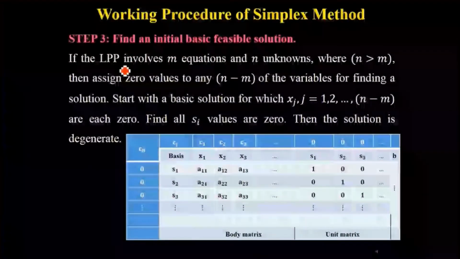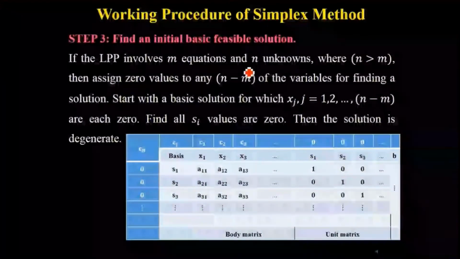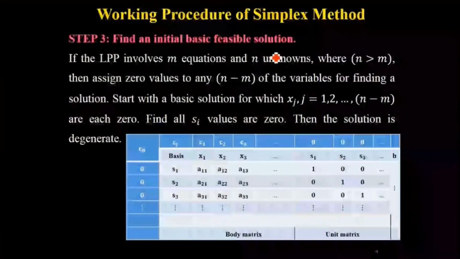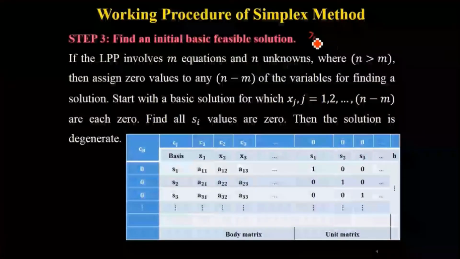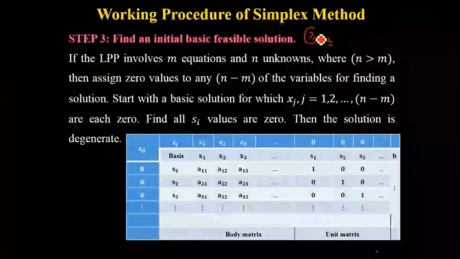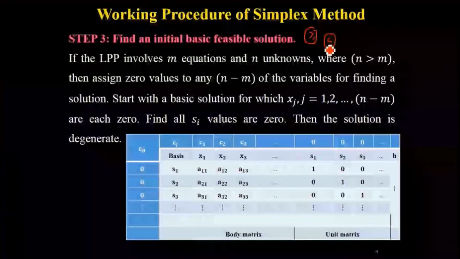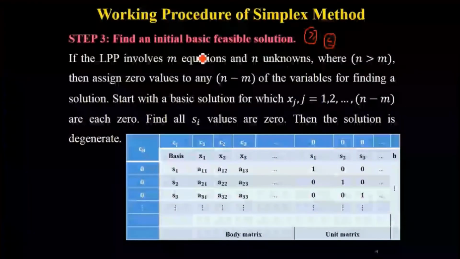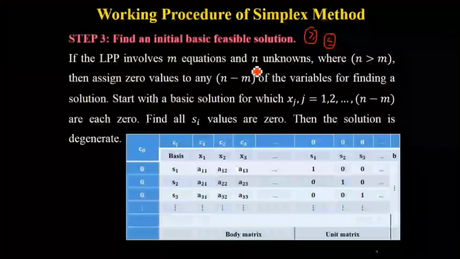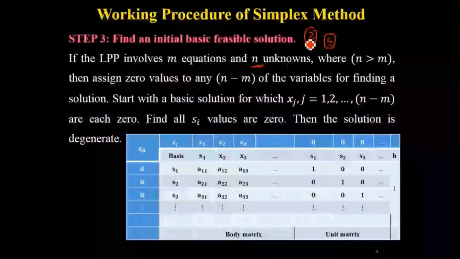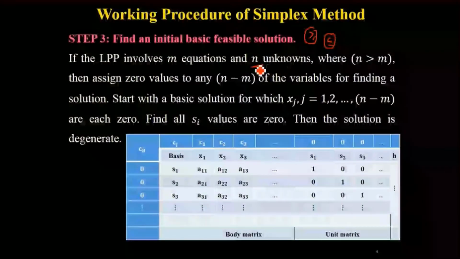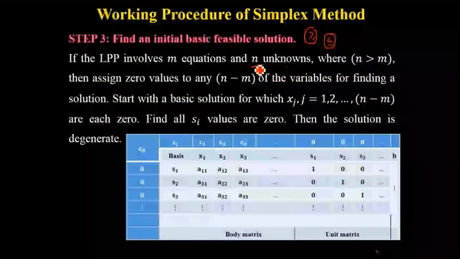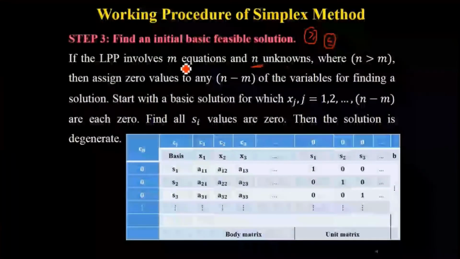After doing that we go to step 3, which is very important. If the LPP involves m equations and n unknowns, as I have already said, if greater than or equal to or less than or equal to constraints are there, we will add surplus or slack variables. Whatever unknowns are provided, along with them the slack or surplus variables will be added, so the unknowns will be more than the number of equations.